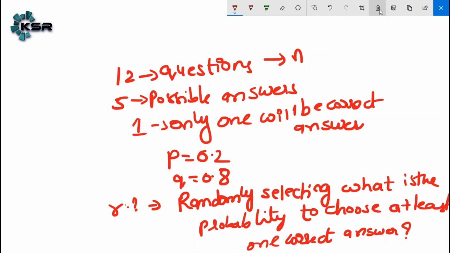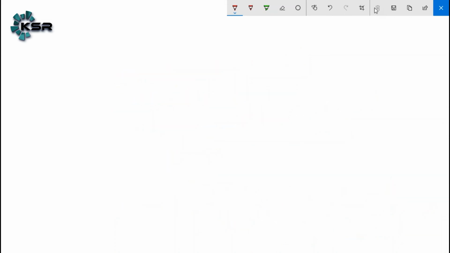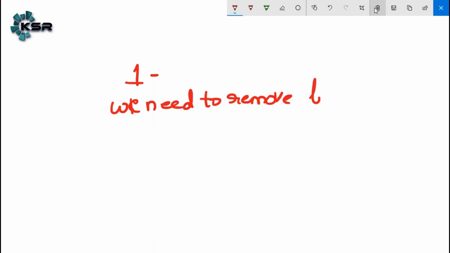Now, how do I write this manually? First point, the total probability value should be 1. Here we need to consider the case when there is no correct answer, and only that we need to remove from 1.